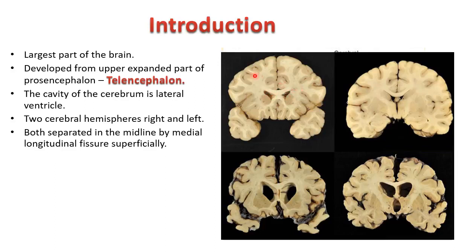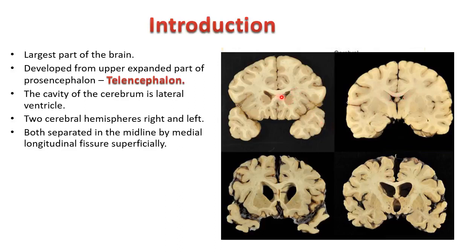This is a coronal section. Taking a coronal section anteroposteriorly, you are able to see mostly the frontal lobe and the temporal lobe, and the median longitudinal fissure runs to some extent, but in the depth it is connected by the corpus callosum.